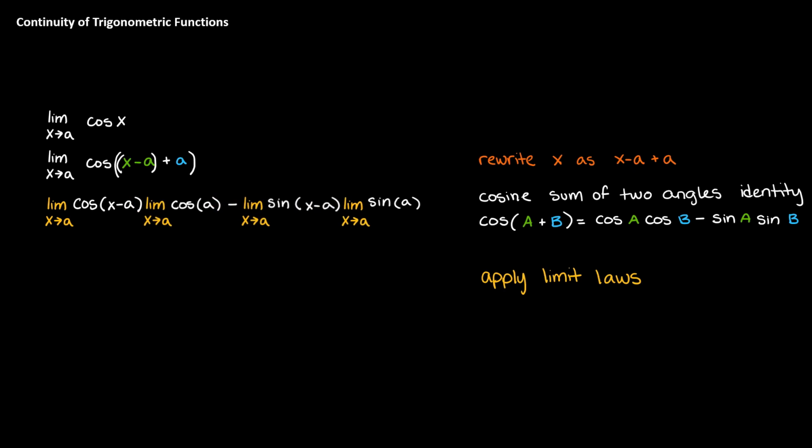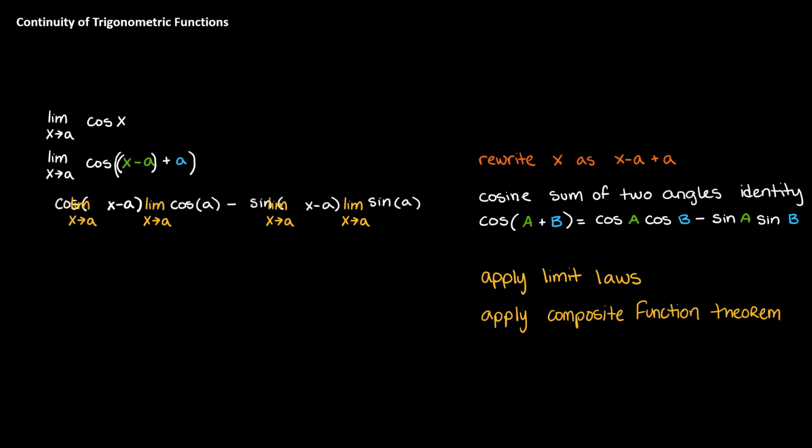Once we take the limit of each term, now we can see that we have some composite functions. So cosine of x minus a, that's a composite. Sine of x minus a, that's a composite. So we'll apply the composite function theorem. We'll allow those limit operators to sneak inside of the outer functions.